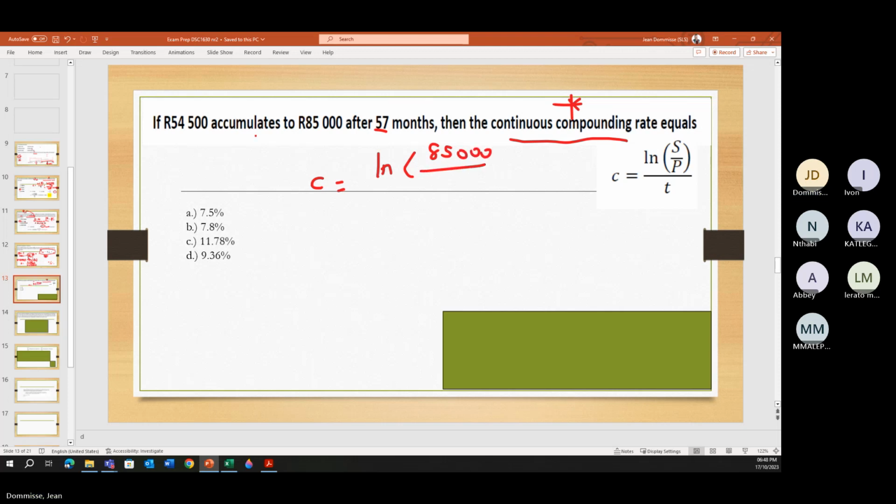So let's see. You've got your future value, you've got your present value, and you divide that by the time period. Again, 57 months, so remember, divided by the 12.